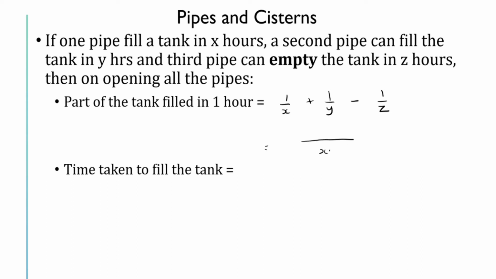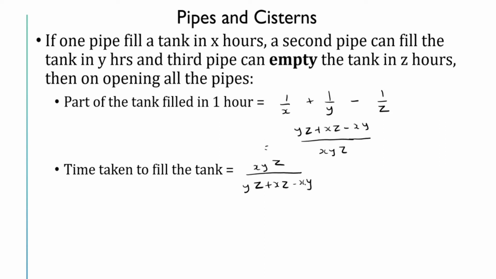On taking LCM, we get YZ plus XZ minus XY. Therefore, the time taken to fill the tank will be the reciprocal, that is XYZ divided by YZ plus XZ minus XY.